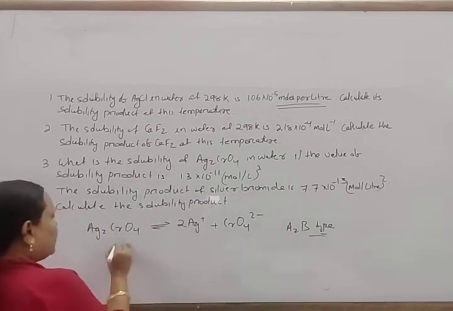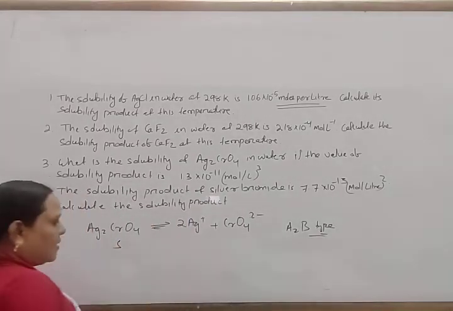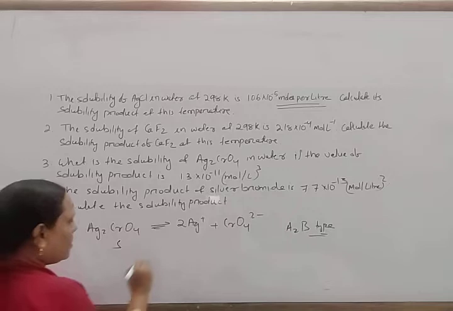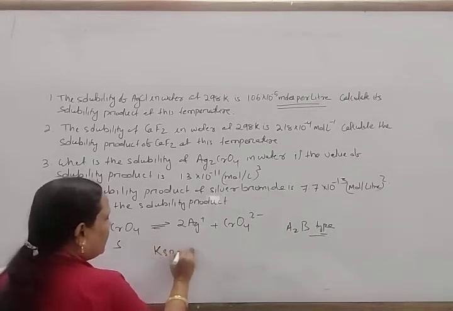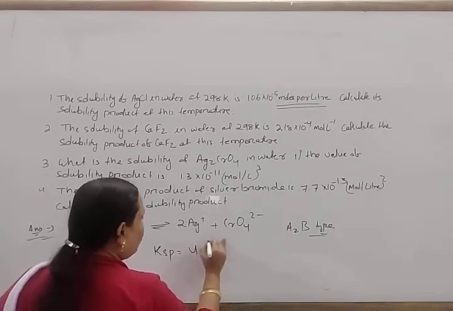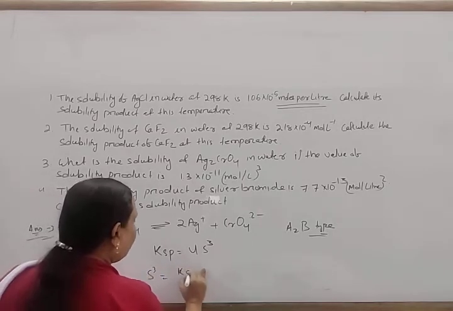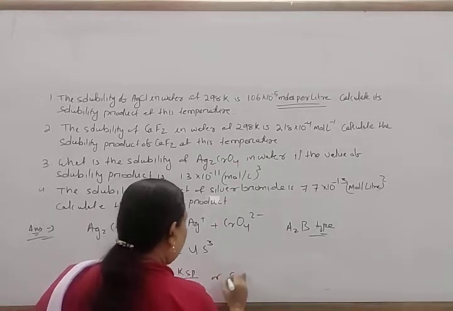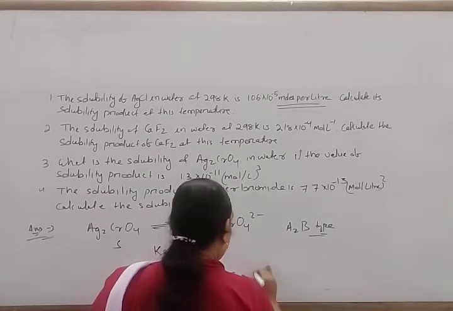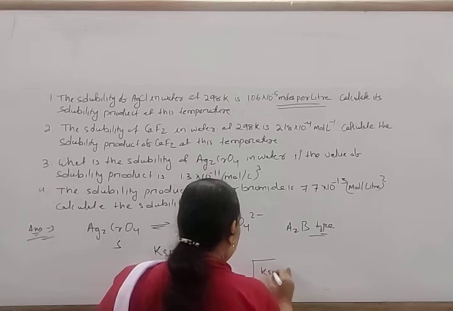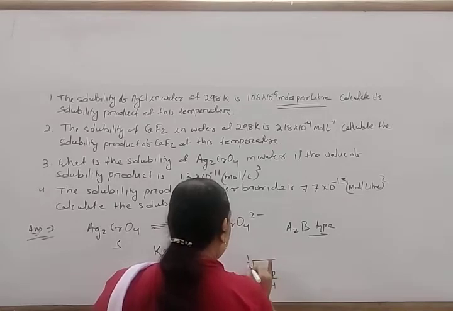In this, if the solubility is S, then what is the relation between solubility and solubility product? So Ksp is equal to 4S cube. Then S cube is equal to Ksp by 4, or S is the cube root of Ksp by 4.